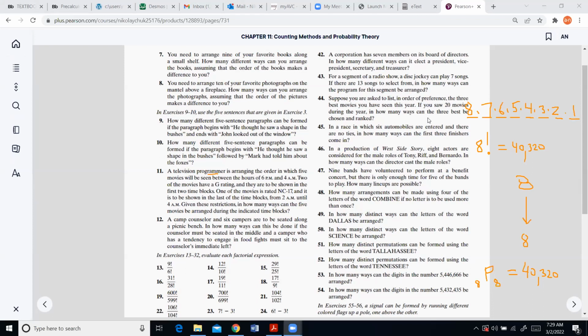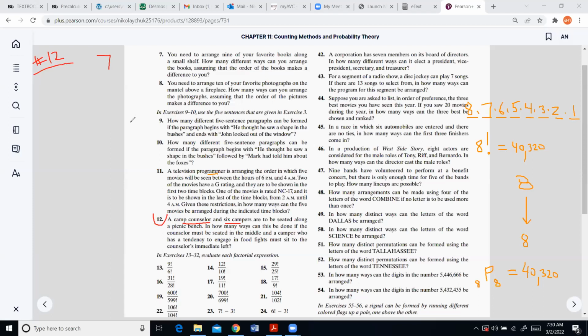So I wanted to do problem number 12 here. I'd like to look at the camp that has a counselor and 6 campers that are to be seated along the picnic bench. So it's actually 7, right? 7 people. The counselor is 1 person and 6 more campers.